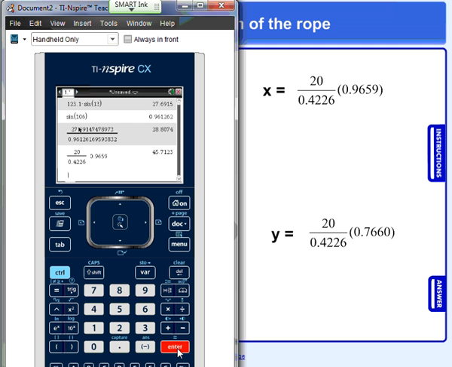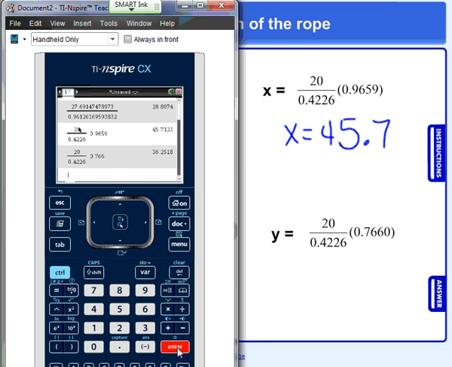Okay, so x should be about 45.7 units, and y, okay, so y should be about 36.3 units. Okay.